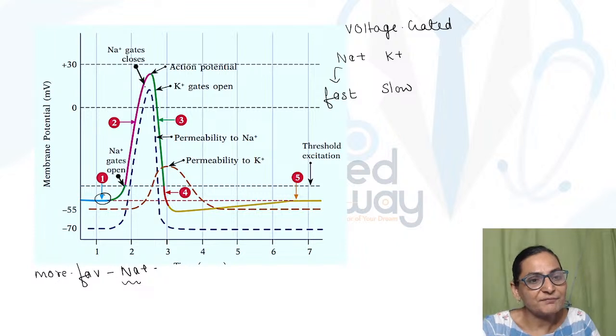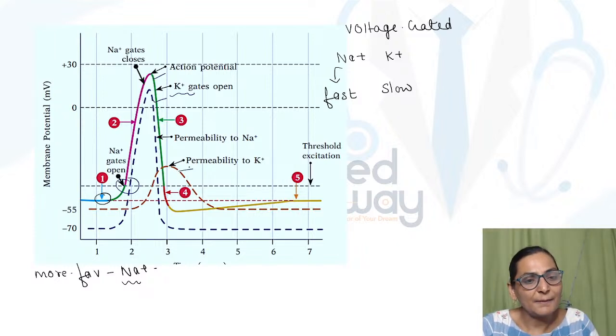Now don't get confused. This is the action potential, this is the ionic conductance of potassium, and the ionic conductance of sodium, the broken lines, blue colored, and the permeability or the ionic conductance of potassium.